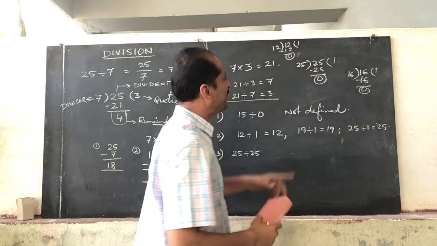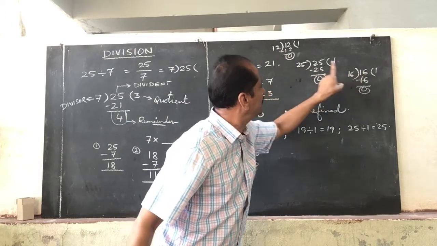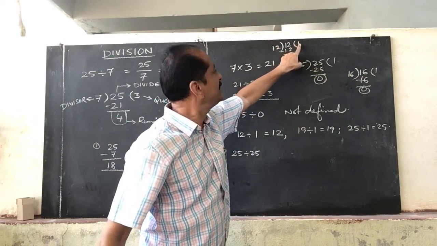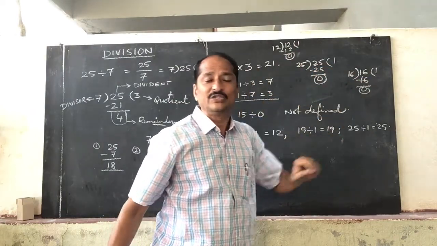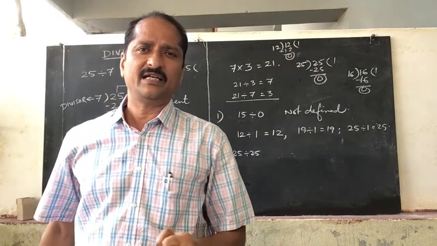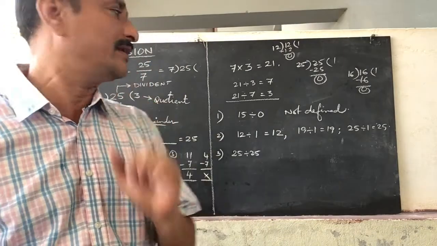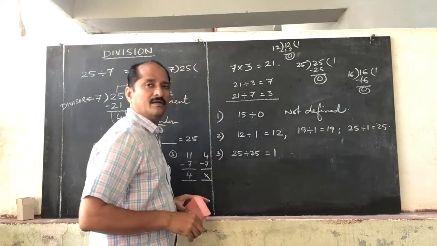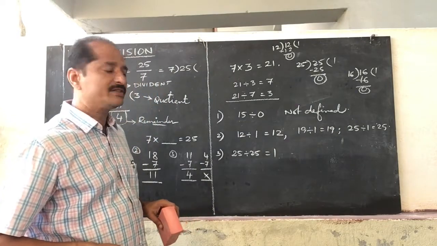Wherever you may see, the quotient becomes 1. So, if you are dividing a number with itself, the quotient is 1. That is the next property.